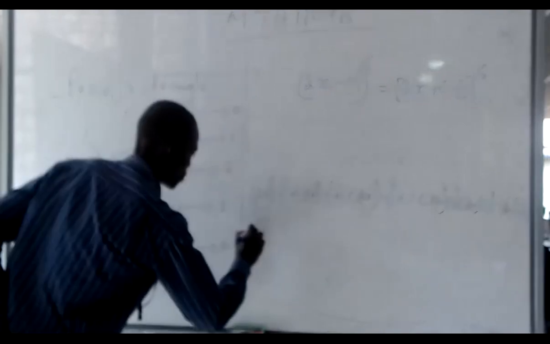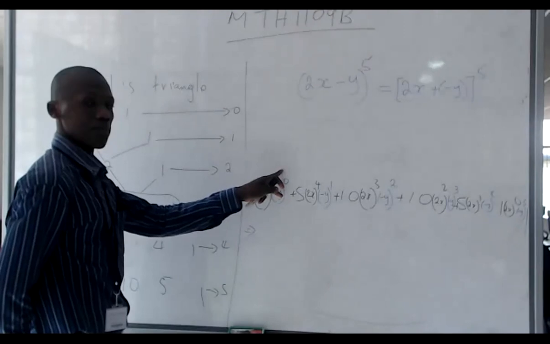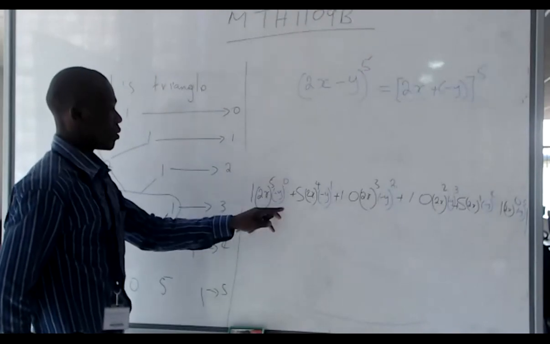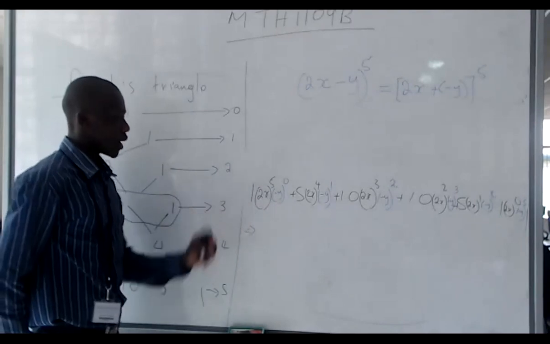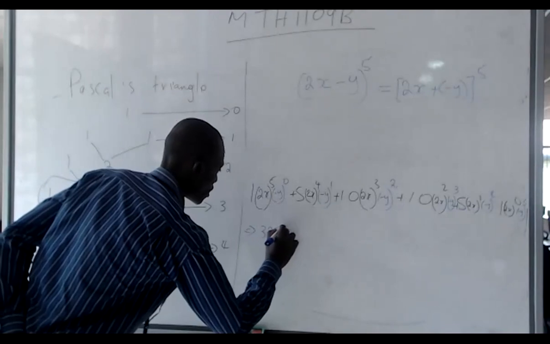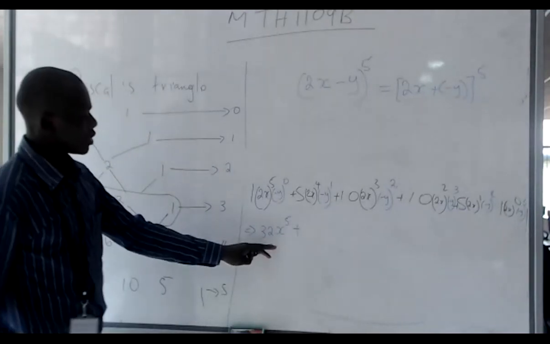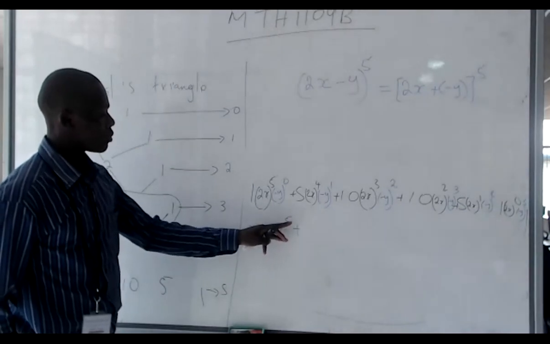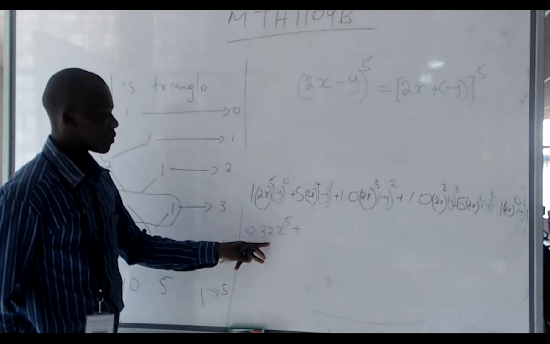Okay. So first term, minus y to the 0. What's negative y raised to 0? 1. So we have here 2 to the 5, which is 32, x to the 5. So the first term will simplify as 32x to the power 5.